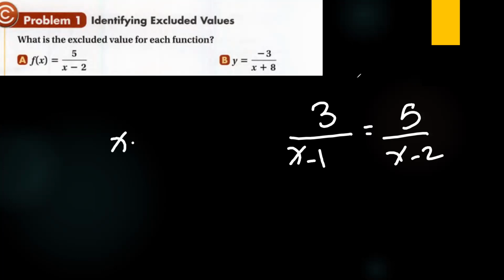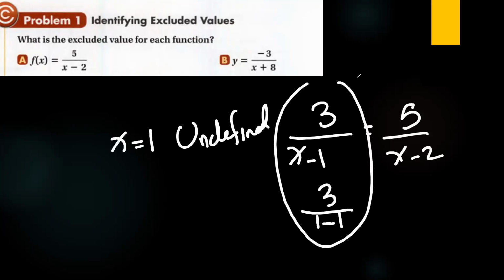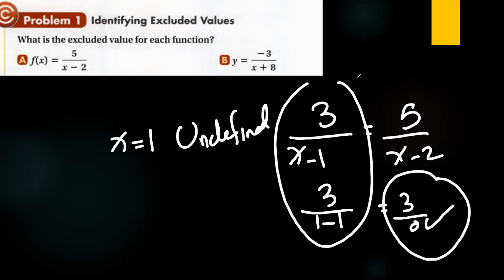At x equal 1, the function becomes 3 over (1 minus 1), which is 3 over 0. So when x is 1, it makes the denominator 0, so it makes the function undefined.